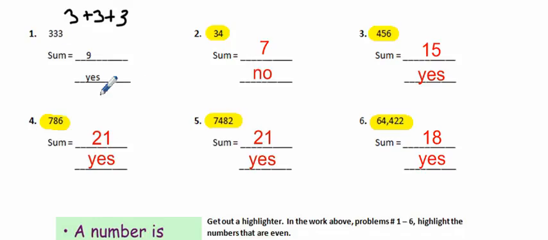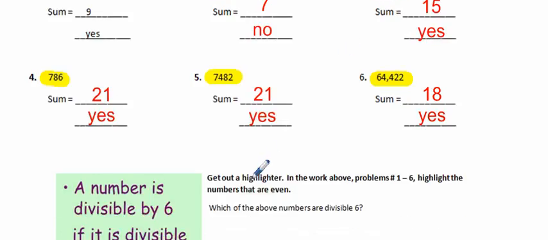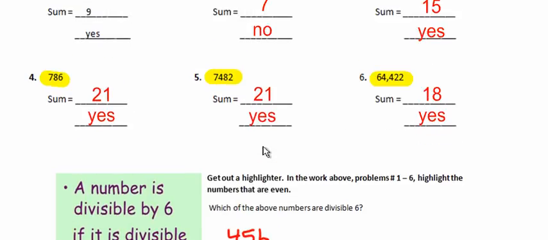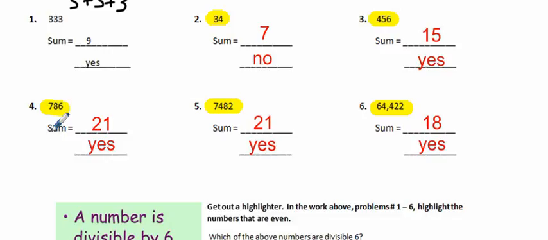In number 1, it has yes here, but it's not highlighted. So that's definitely not divisible by 6. Number 2, it's highlighted, but it has no. So not 6. Number 3, it's highlighted and it says yes. So 456 we're going to add to this list. Number 4, it's highlighted and it has the word yes, so therefore it's also divisible by 6. I'm just going to throw a 6 over here.